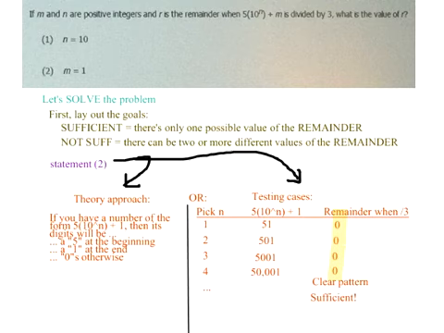And there's this thing with divisibility by 3, which is that if you add up the digits, then the remainder is going to be the same as it would be of the original number. So instead of actually dividing 50,001 or whatever by 3, you can just add the 5 and the 1 and the zeros. So the sum of the digits will always be 6.